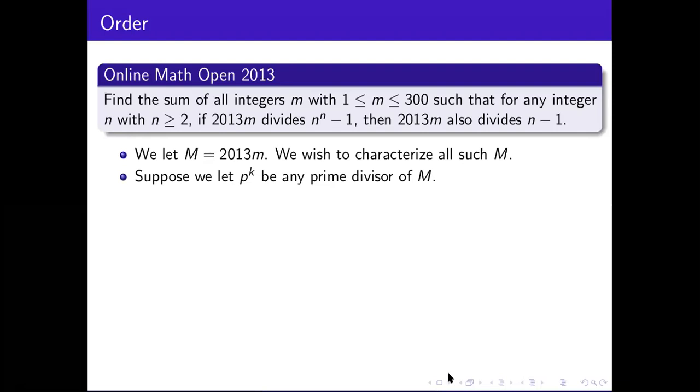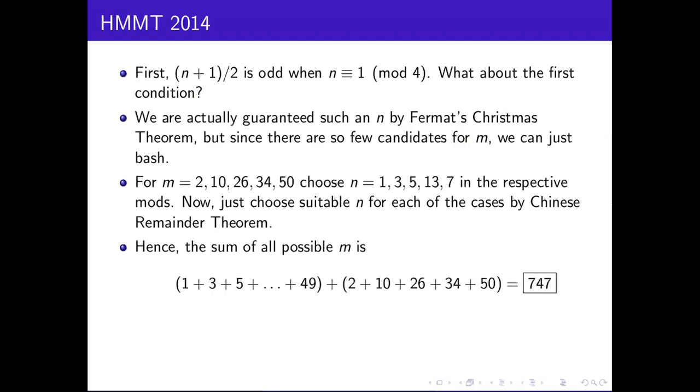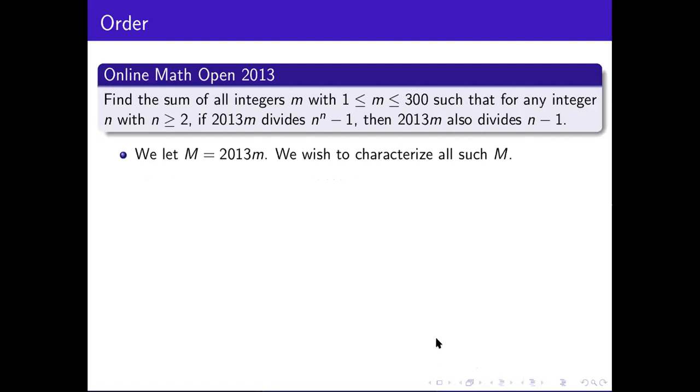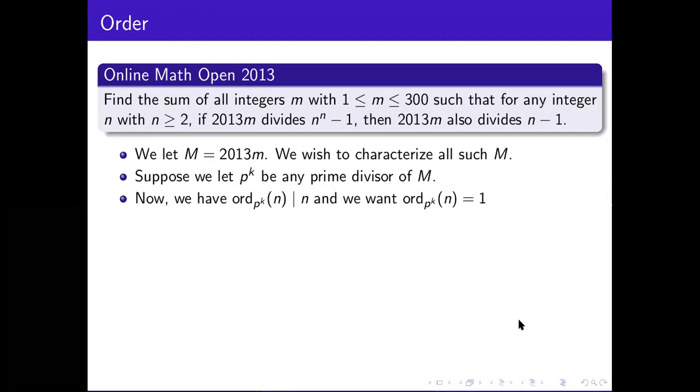Well, basically, we know that if the order divides n, which is basically what it means for big M to divide n to the n minus 1, then we want the order to equal 1.